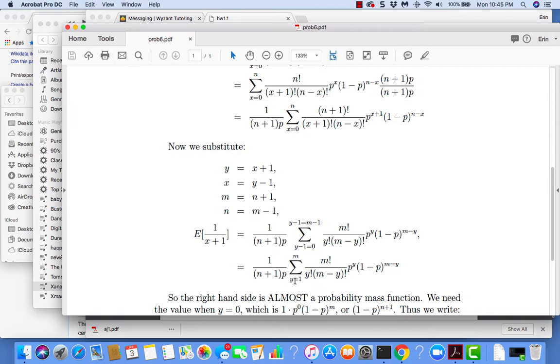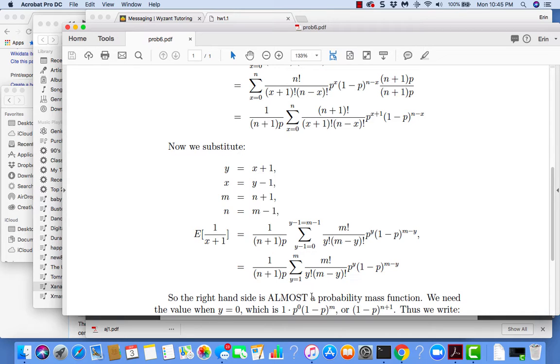Now, when I rewrite that, I notice my limits of summation go from 1 to m. So I need to have the part where y is equal to 0. So how am I going to get that? Well, I'll have m factorial over 0 factorial times m minus 0 factorial. So that leading term goes to 1.